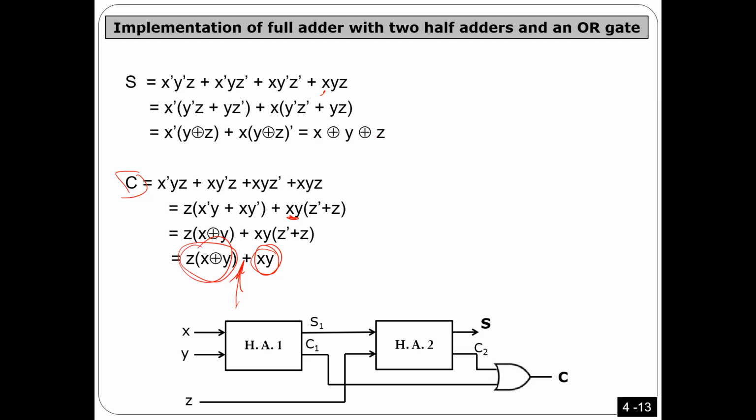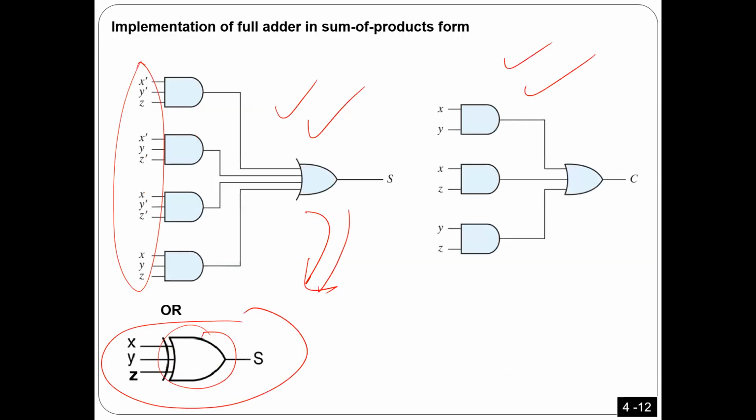You can input X and Y to the first half adder, and then connect the sum here to the input here. The carry here I'm going to take to give me the final carry, this way. Then the input here is going to be Z, and what you are going to get here is sum and carry. If you OR these two carries together, you are going to get the final carry. So using two half adders and one OR gate, I can make the full adder. This is one way. The other way is you can use this one and this one.